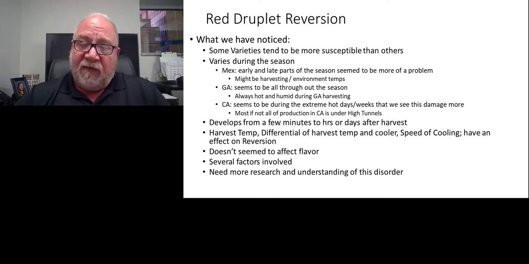And of course, the harvest temperature differential and how you cool it matter, we notice. And the speed of cooling, I had a talk with the Tasmanian doctor when he was a PhD student, and it's interesting.